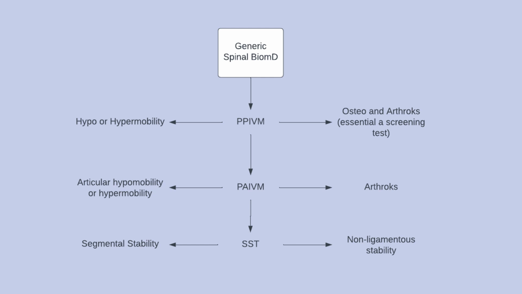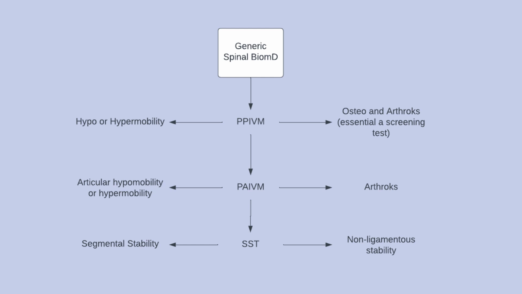If you find hypomobility, then you need to test the PAIVM because you want to know if this hypomobility is articular or whether it's osteokinematic. That is, it's being limited by extra-articular problems such as muscle tone. So the PAIVM consists of glides and basically distraction for the spins that you can't test a glide on.